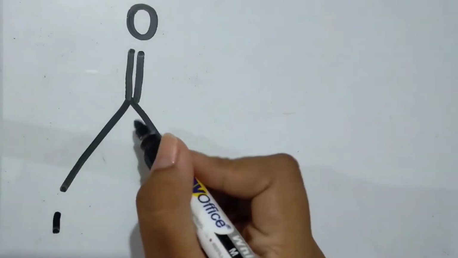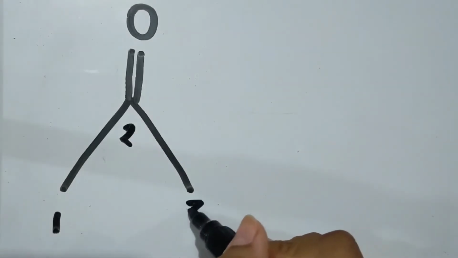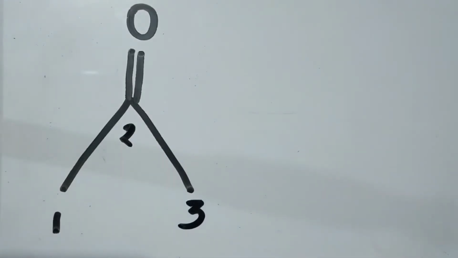Here are some examples in naming ketones. Our first example is this structure. First, identify the longest chain, or the parent chain, of this structure. Starting from the right, count 1, 2, 3. So there are 3 carbons, therefore it is a propane.